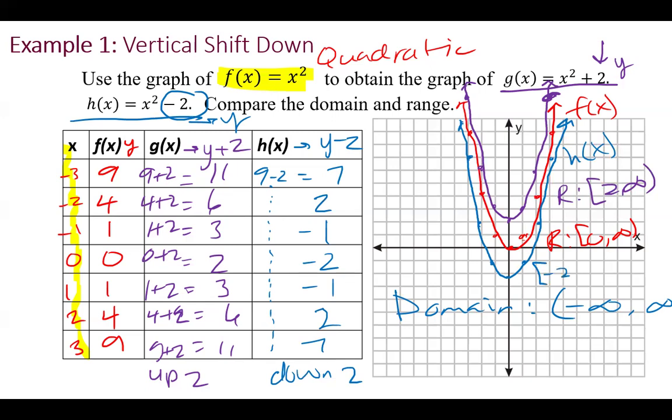The range is now from -2 to infinity. So causing your function to go up and down doesn't impact your domain, it impacts your range. And that's because we were changing your y values, right? And range represents your y.